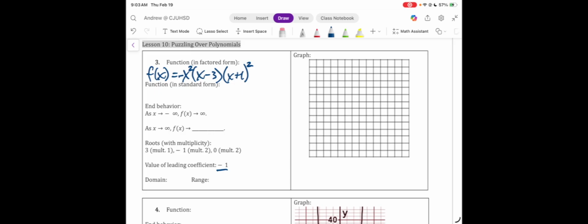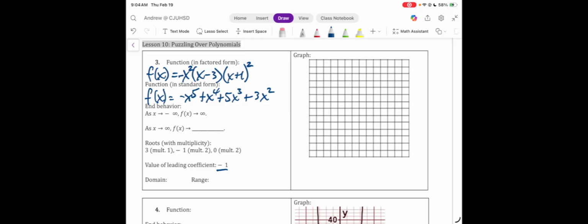All right, now if you multiply all of that together to get back to the standard form, you would get -x to the 5th plus x to the 4th plus 5x to the 3rd plus 3x squared.